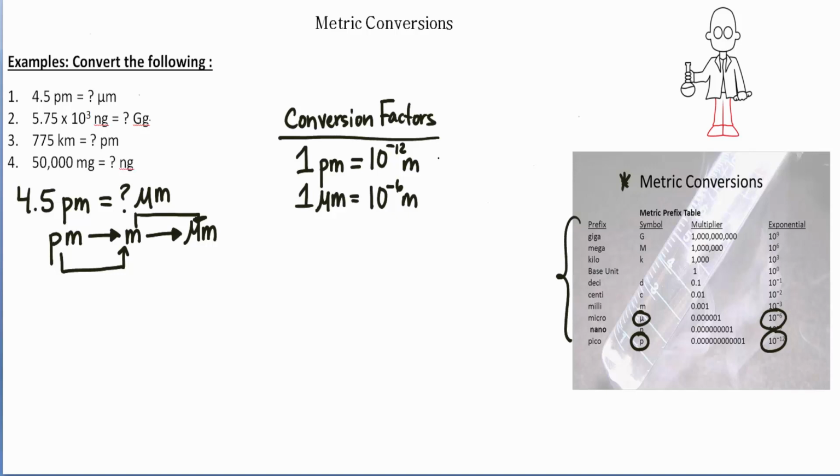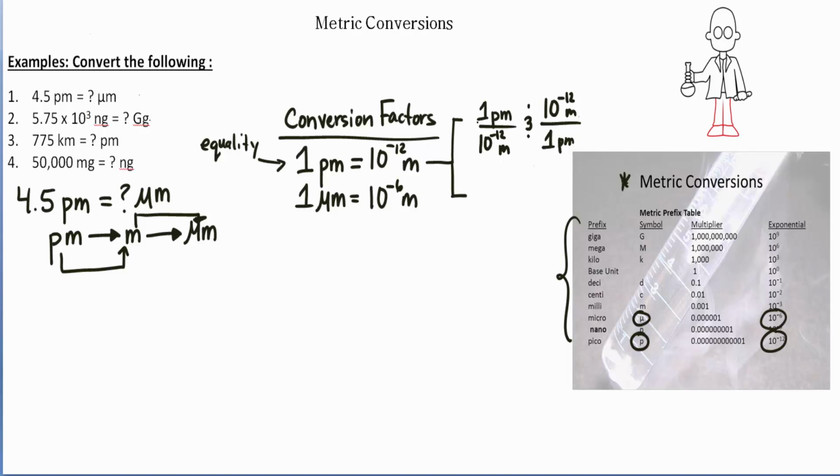I also stated in class, I'm not going to go through this for all of them, but the fact that this equality is true makes 1 picometer divided by 10 to the minus 12 meters, and 10 to the minus 12 meters over 1 picometer, also true.